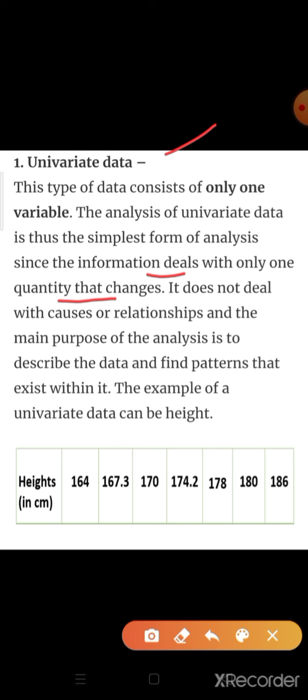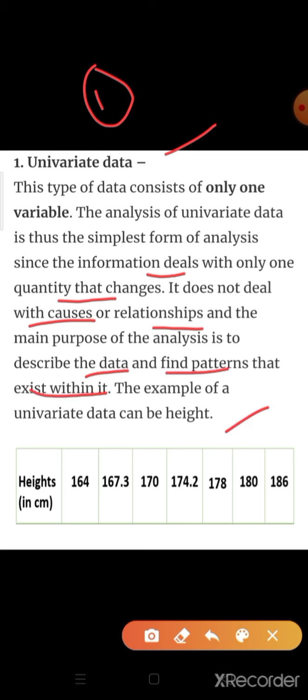Why? Because it is a variable, and variables vary every time in different situations. It does not deal with causes or relationships. There is no relationship between cause and effect. The main purpose of the analysis is to describe the data and find patterns that exist within it.